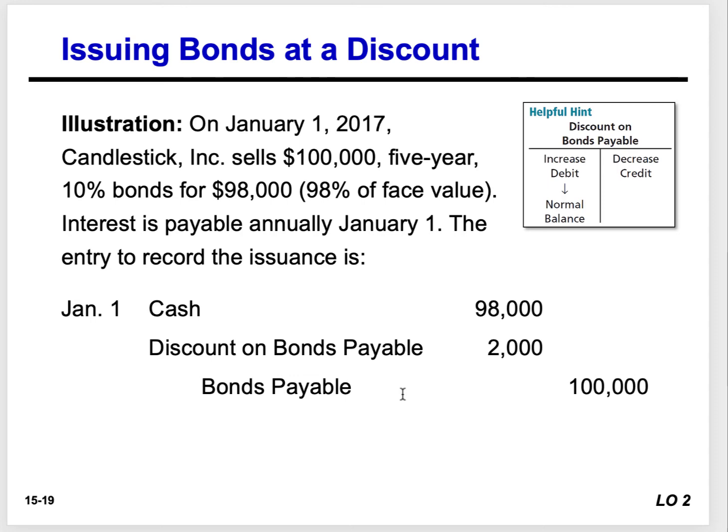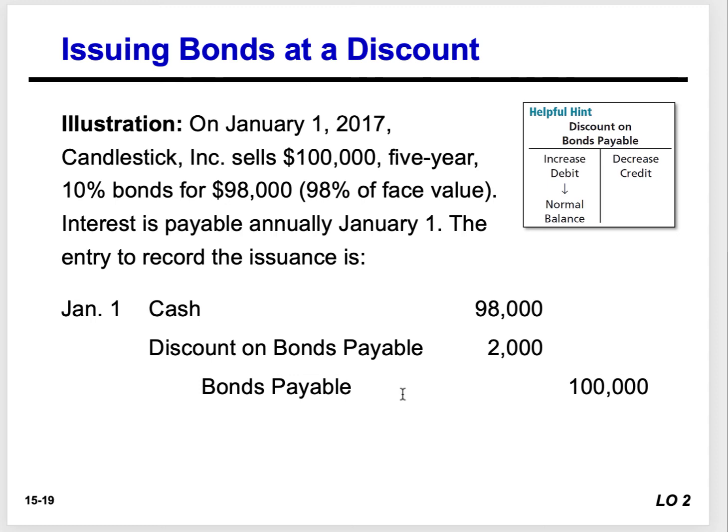Now, how much am I going to have to pay back when these bonds mature? Remember, it doesn't matter what price we sell them at. If we sell them at a premium, a discount, or par value, at the end of maturity we always have to record the amount that we're going to have to pay. We always pay the face amount regardless of what we sell it at.